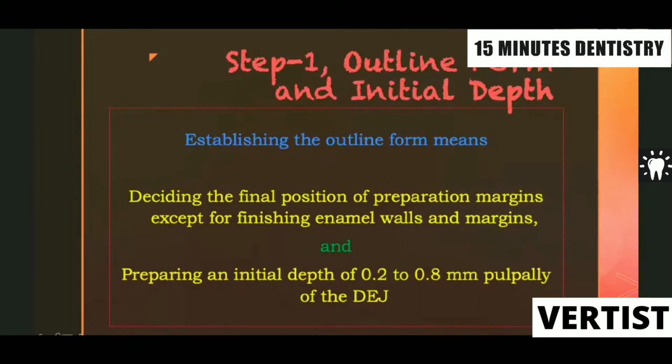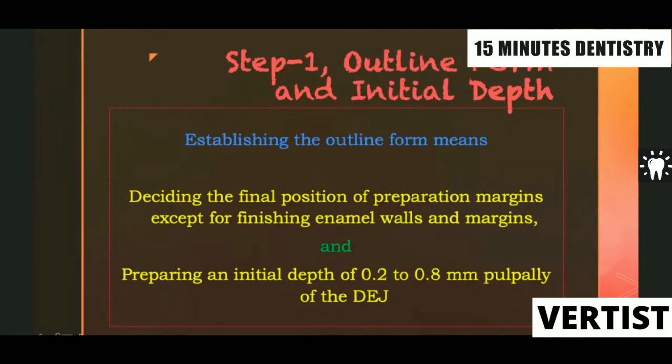So now, if you're having a full question, you define, write down the properties, write down the different steps. Now we'll take each step, and you can have a short note on each of these steps. So the outline form means you decide the final position of the cavity preparation margins except for finishing the enamel walls and margins.